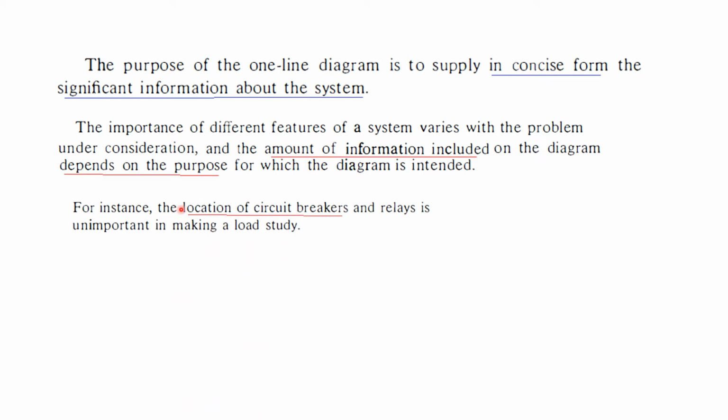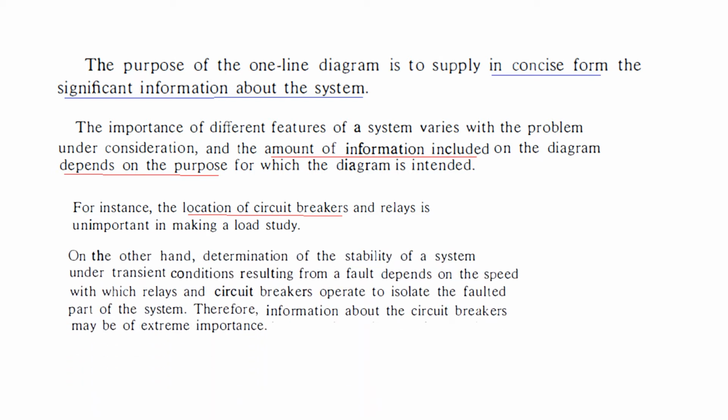For instance, the location of a circuit breaker and relays is unimportant in making a load study. So we don't need to show circuit breakers if we are doing a load study. But on the other hand, determination of the stability of the system under transient condition resulting from a fault depends on the speed at which the relays and circuit breakers operate.